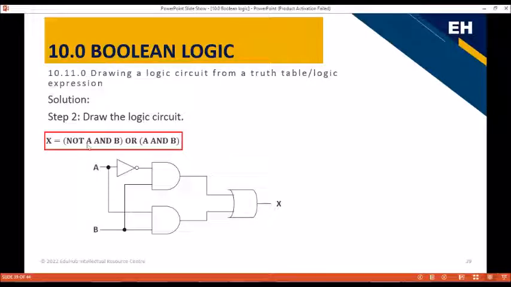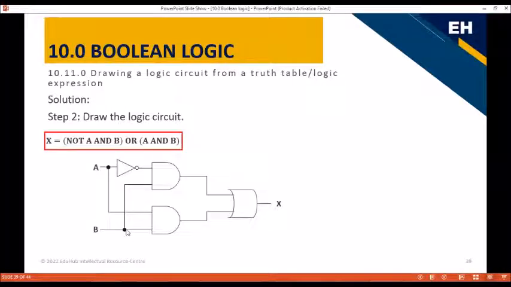We have not A and B. We have A negated, which gives us not A. So we have not A here, and this is our B, and B is coming from here.